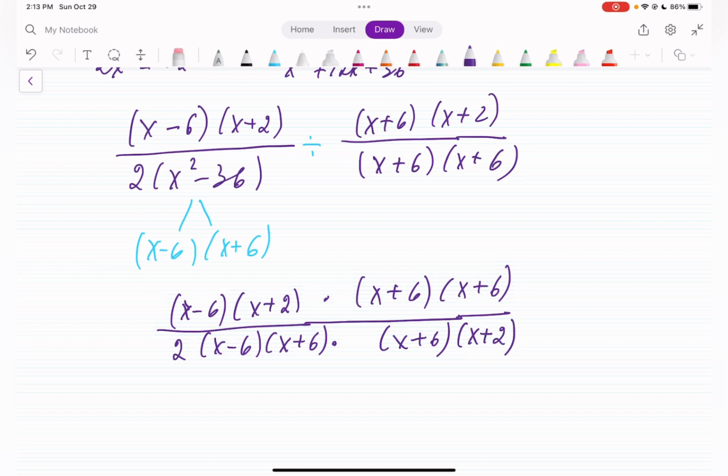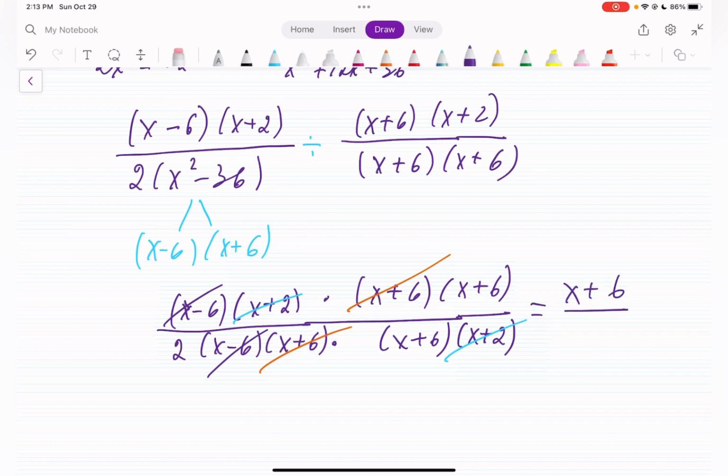Okay, so x minus 6, x minus 6, and then x plus 2, x plus 2. And here we are getting x plus 6, x plus 6. And my answer is going to be here. On the top, I have x plus 6.